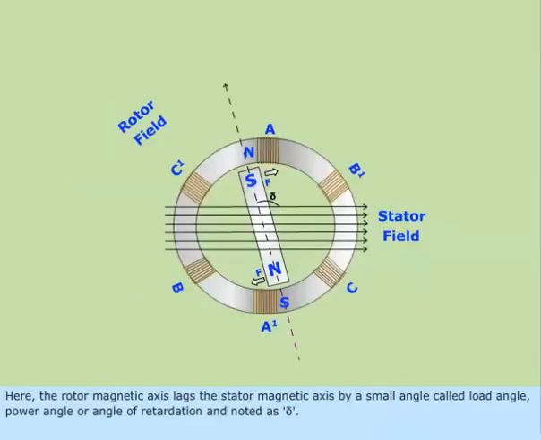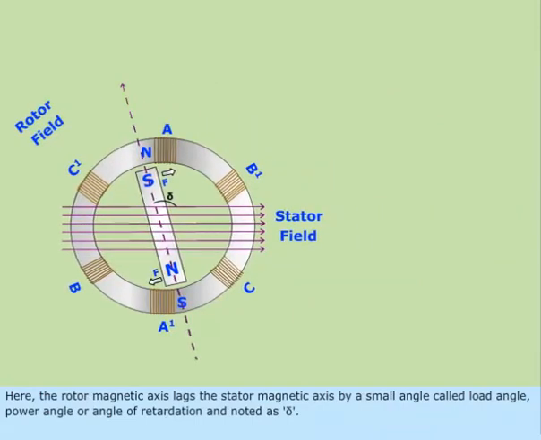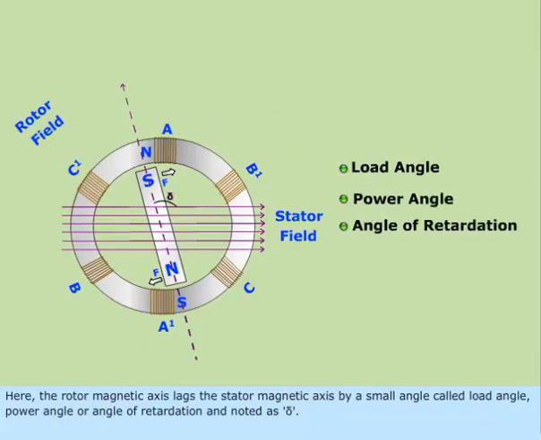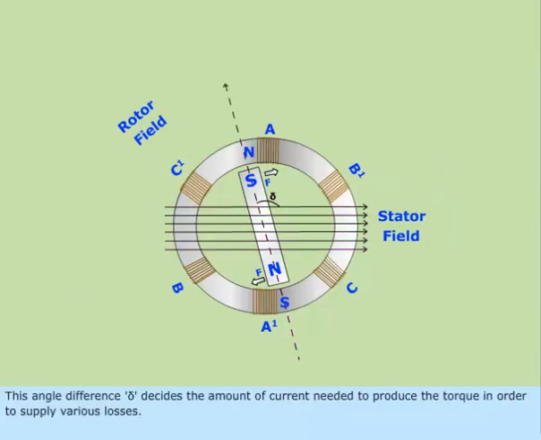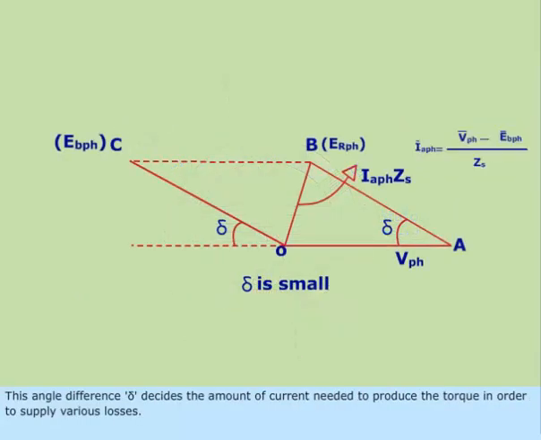Here, the rotor magnetic axis lags the stator magnetic axis by a small angle called load angle, power angle, or angle of retardation, and noted as delta. This angle difference, delta, decides the amount of current needed to produce the torque in order to supply various losses.